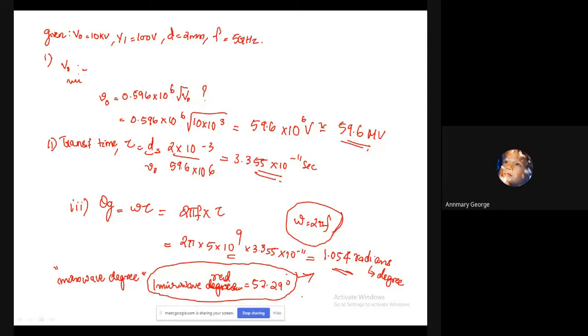Just multiply 1.054 into 57.29. The answer is 60.32 degree.